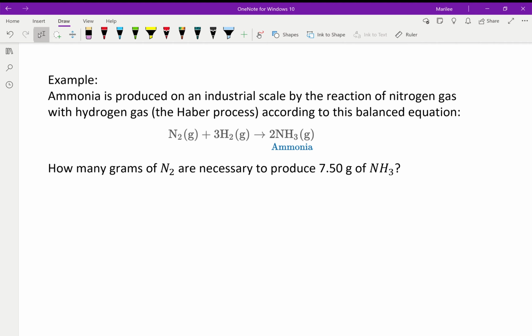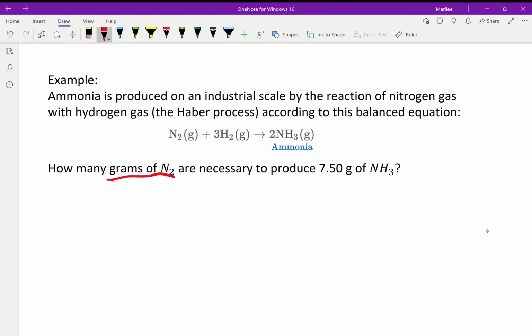So there's a few steps we need to go over. The first step is that we need to convert 7.50 grams to moles. Our second step is to convert the moles of NH3 to moles of nitrogen, N2. And then our third step will be to convert the moles of nitrogen to grams of nitrogen, because the question states how many grams of N2, so we have to end up with grams of N2.